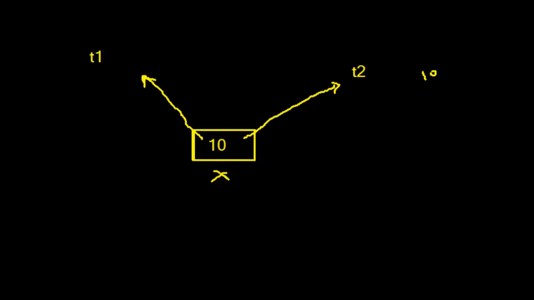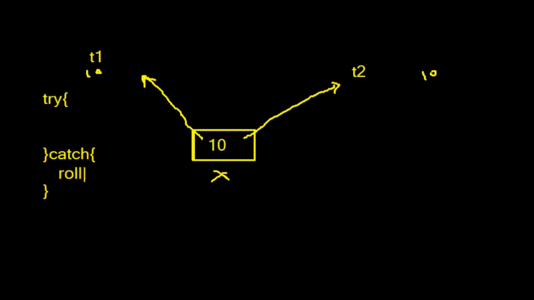I'll come back to this problem of T2 later. This reads it as 10. So you have a try here and somewhere you have a catch. What that catch does is rollback.